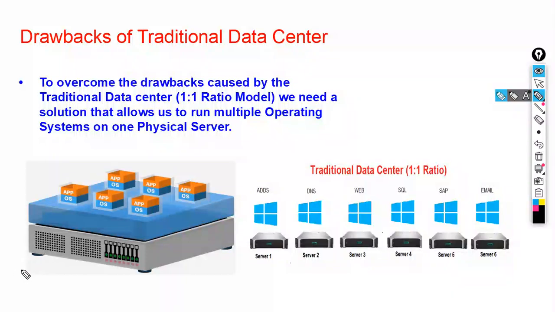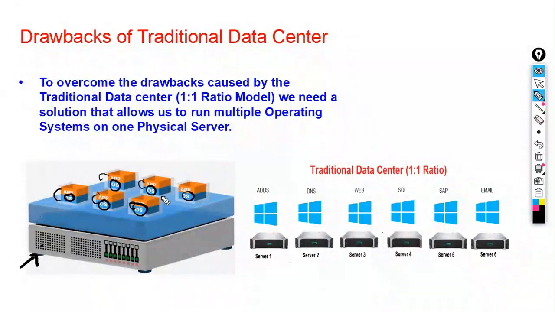We need a solution where we have one physical server, and on top of this one physical server, we run multiple operating systems. Virtualization, very good. On top of separate operating systems, we can run separate applications.